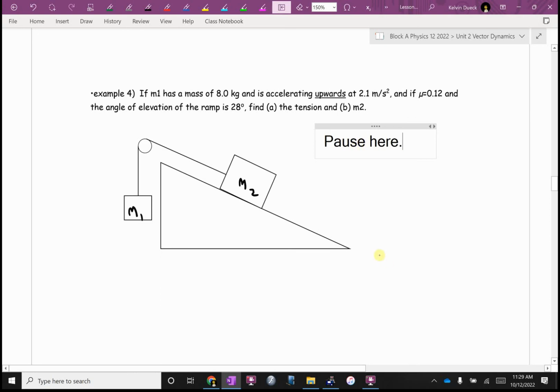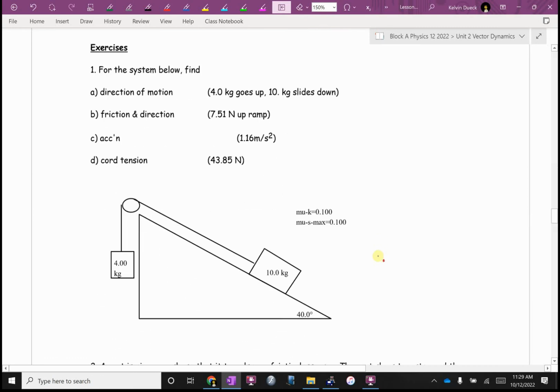I gave you a bunch of questions last day. I know you're still working on them. If you're wanting to get a head start here, absolutely do number one, except you can cross out B. I usually skip finding friction because I'm teaching you to do these whole things algebraically in one step, so I'm too lazy to find something in order to find something if I can get straight there.